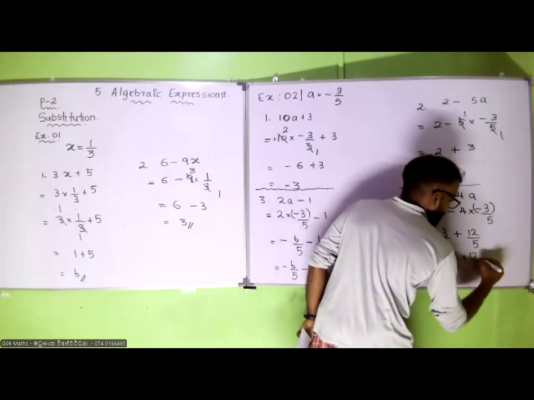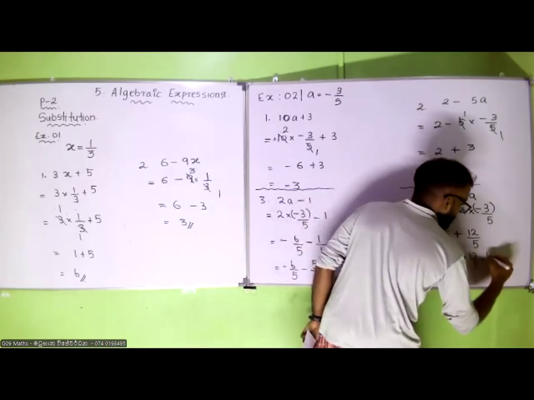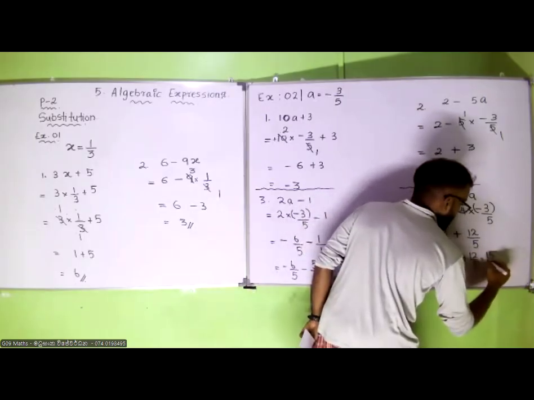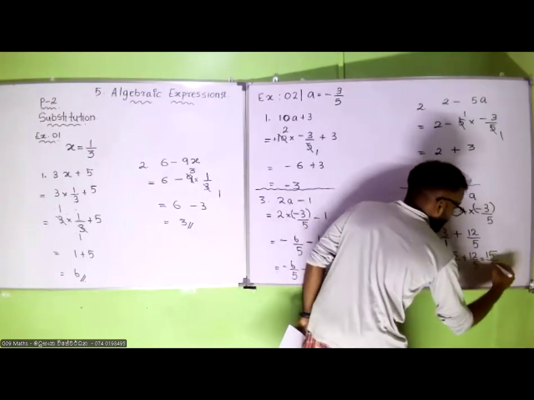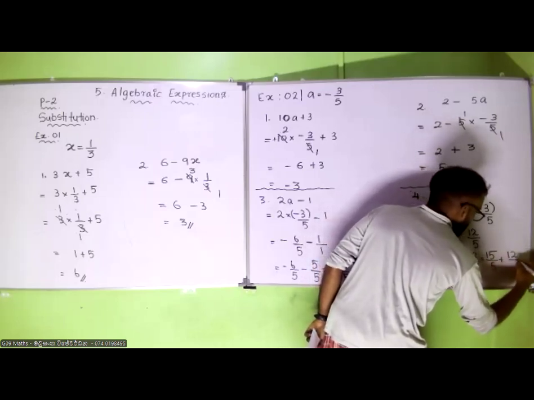So then you can obtain 3 times 5, 15. 15 divided by 5 plus 12 divided by 5.